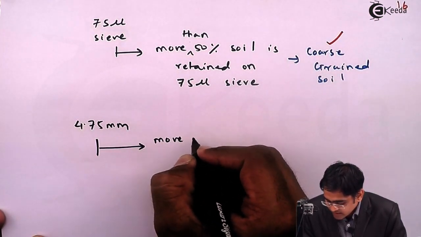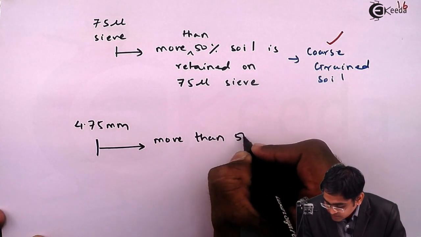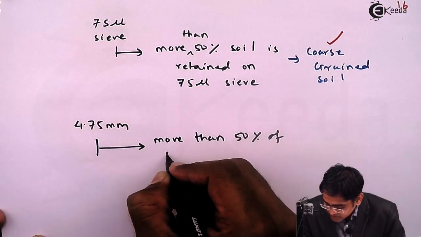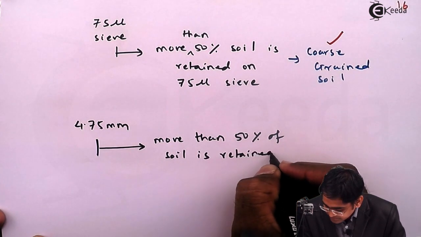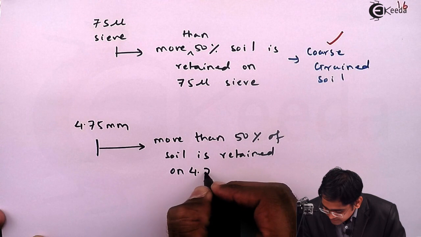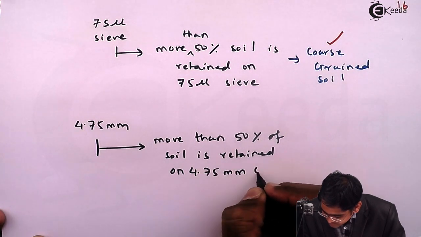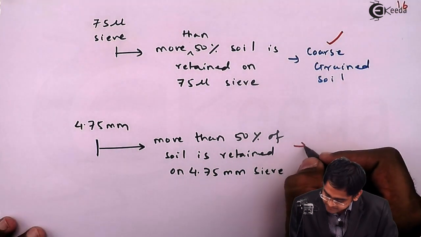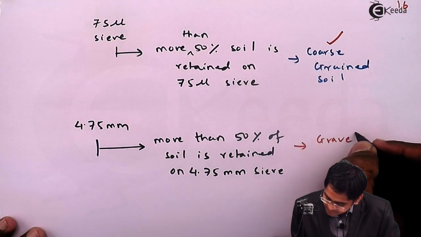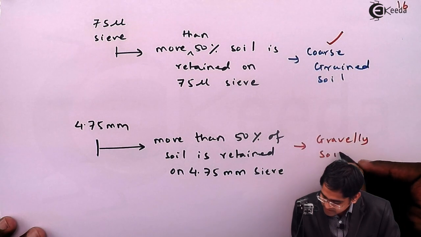If more than 50% of the soil is retained on the 4.75 mm sieve, then we call it gravels, or gravelly soil.